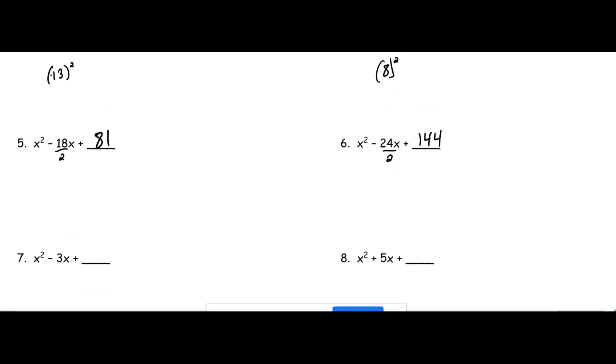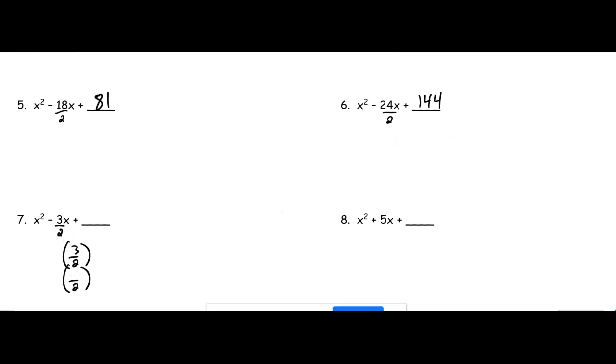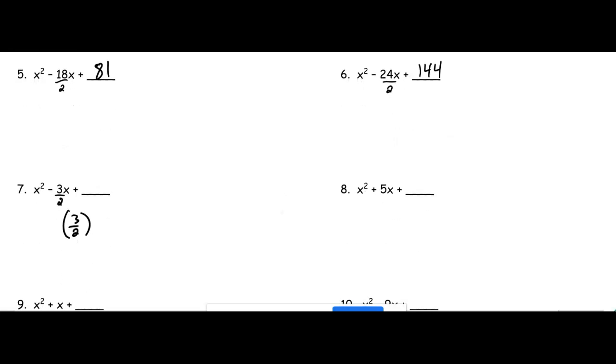All right. Now, I lied. I'm going to do 1 with the fraction, and then we'll let you go. Don't freak out with the fraction. If it's not a nice number, you're still cutting this in half. So that's 3 halves. If you don't like fractions at all, and we like our calculator a little bit more, you could write that as 1.5. 3 divided by 2 is 1.5. Whichever way you choose, though, you then need to square that.